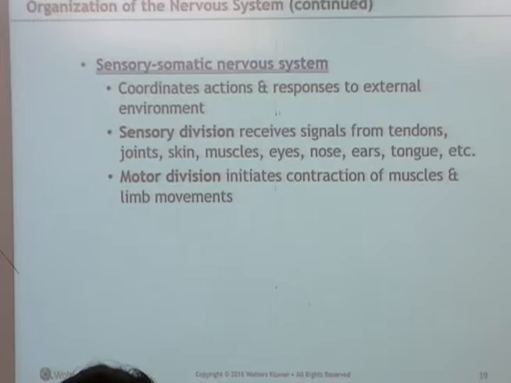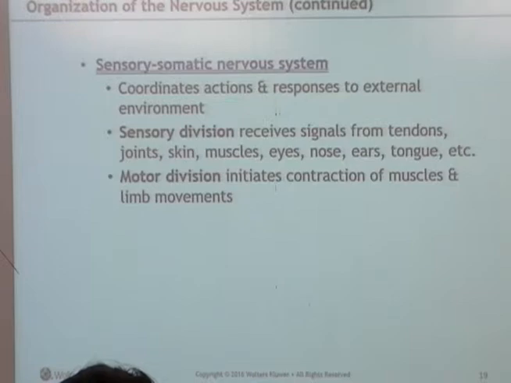Right? My sensory nerves are going to transmit information from whichever organ they're related to, so from my eyes, from my ears, from some kind of a skin receptor, pressure receptor, right?